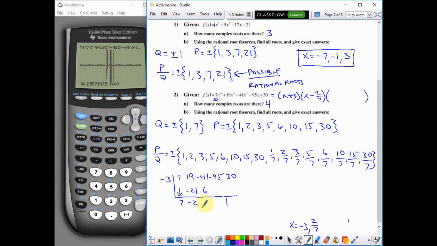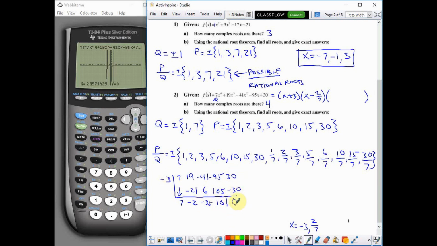So that's going to be -35. Multiply, and I'll get positive. So -3 times -35 is 105. Add, and I'm going to get 10. Multiply, -30. Add, and I get 0.